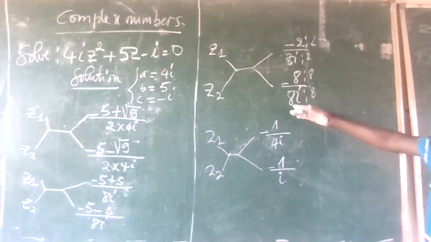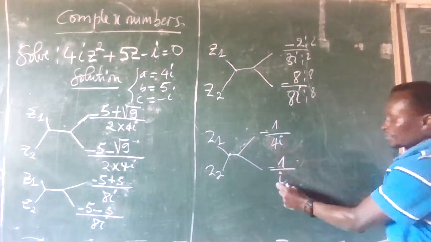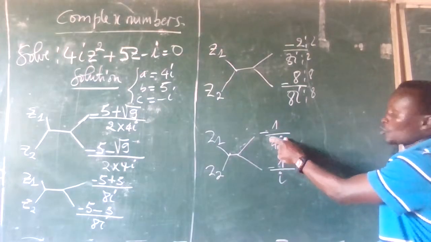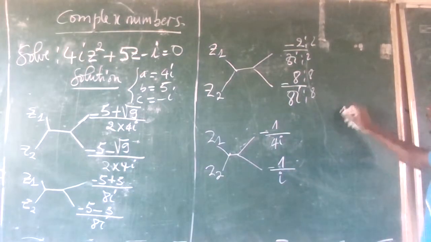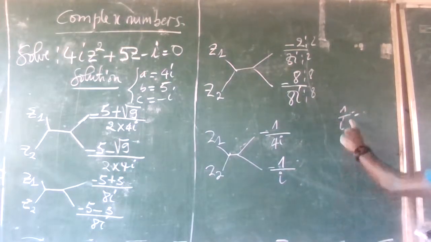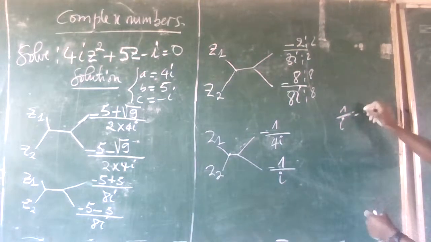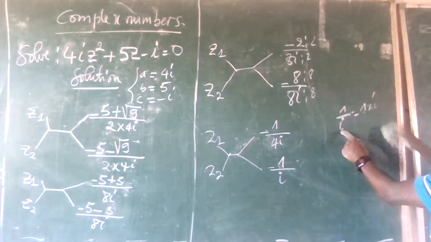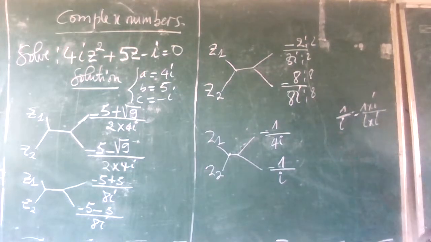Now here, when we are reaching here, we don't need this i being a denominator. We are going to conjugate this i or this 4i. It means when you have 1 over i, you are eligible to conjugate this i, as you take 1 times this i over this i times this i as a conjugate.